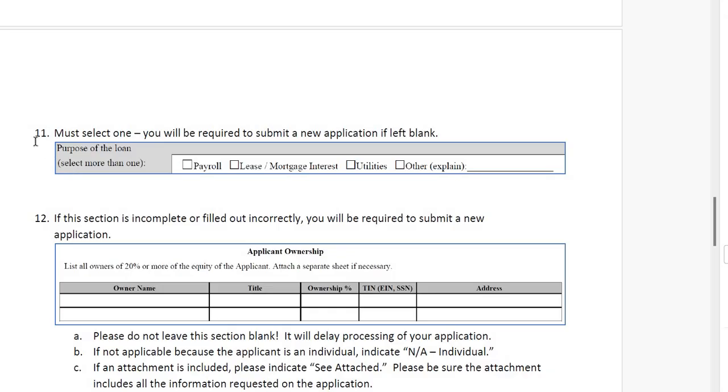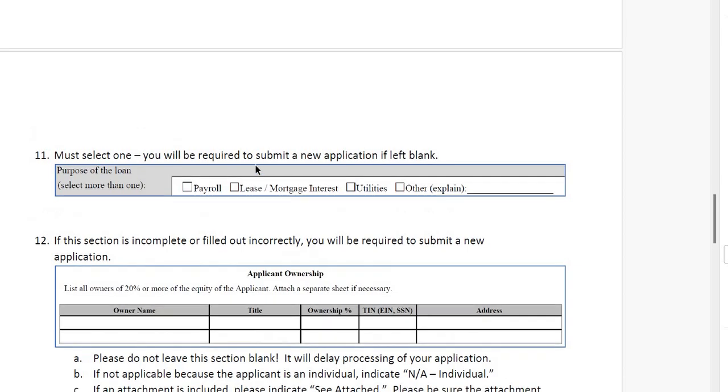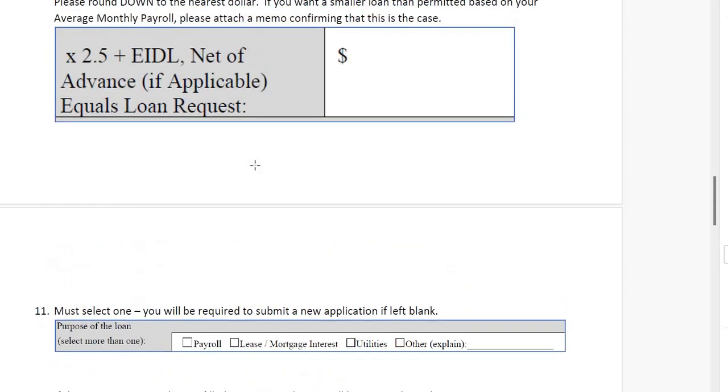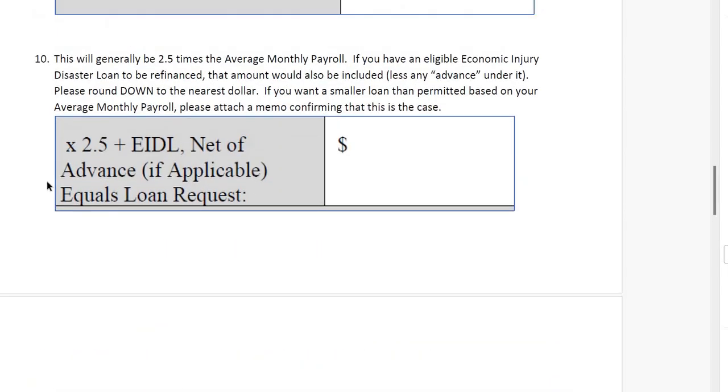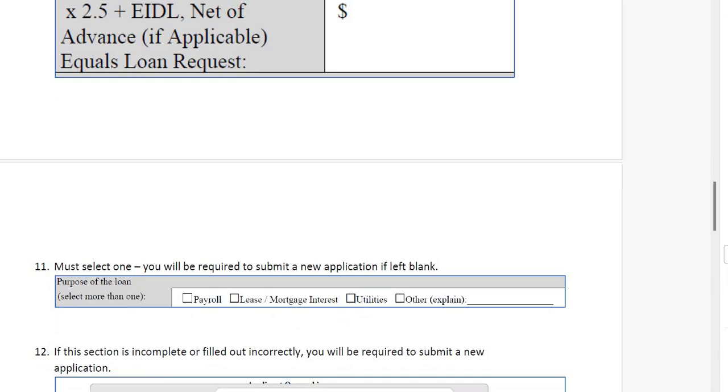What's notable here is instruction 11 instructs the borrower what to place here in the use of the funds, but instruction number 10 talks about how to calculate the max PPP loan amounts.